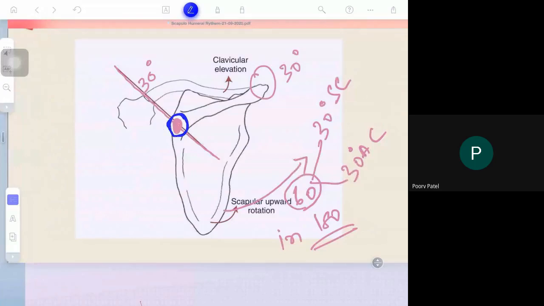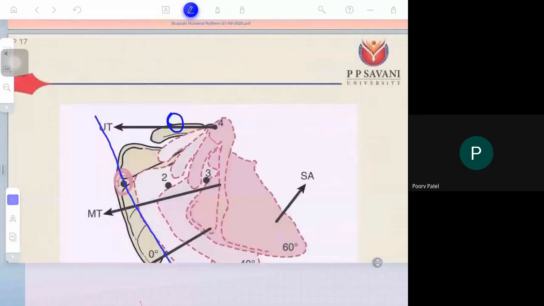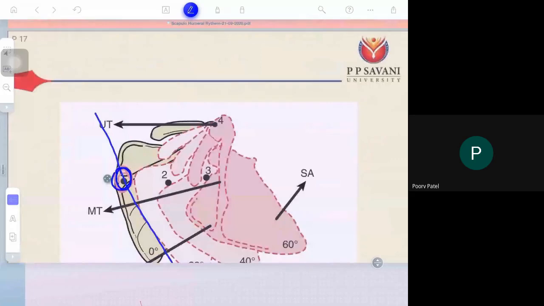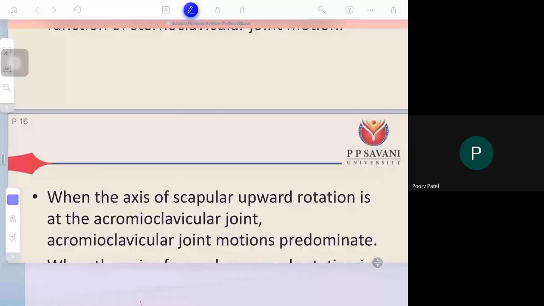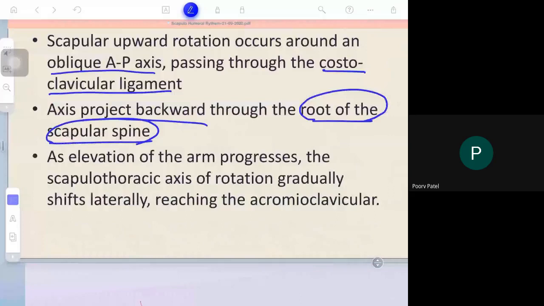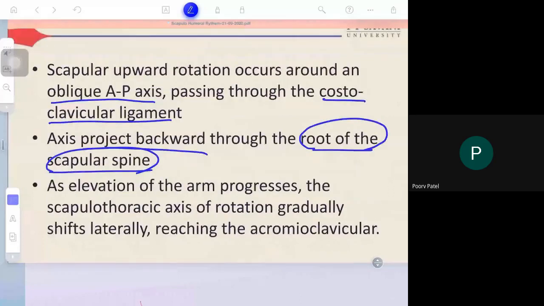So the axis passes through the costoclavicular ligament and through the root. This area is called the root. Clear? You might have studied it in anatomy. In this diagram, I had mentioned this area. So the axis projects backwards through the root of the scapular spine, in the beginning of the scapular rotation.